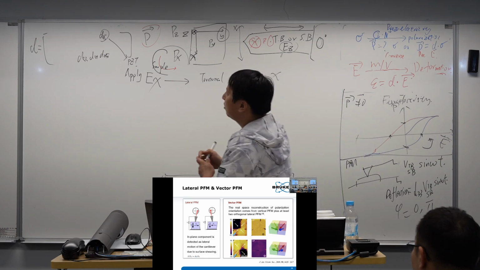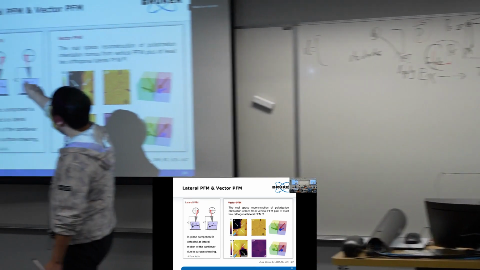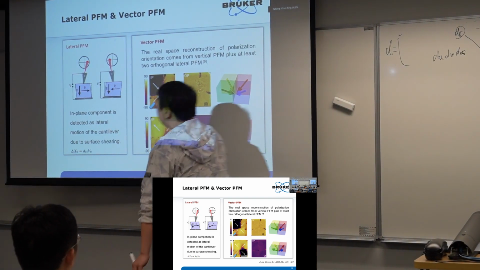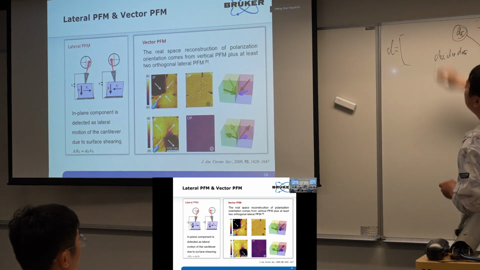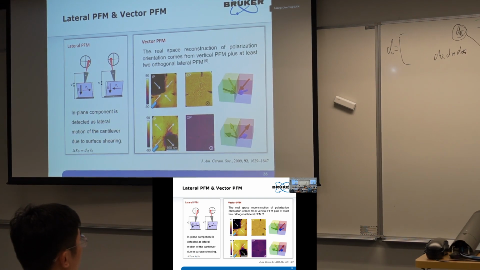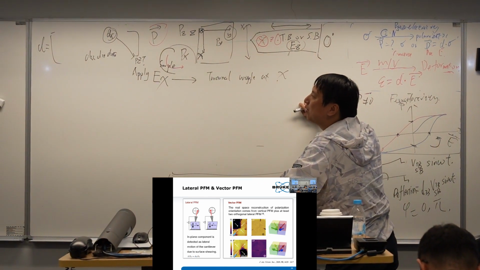So it means we apply an X direction electric field, and we cause the crystal to wiggle in these directions. So this one is also important. If you want to apply this kind of electric field, I'm sorry, we may need to do it by ourselves.